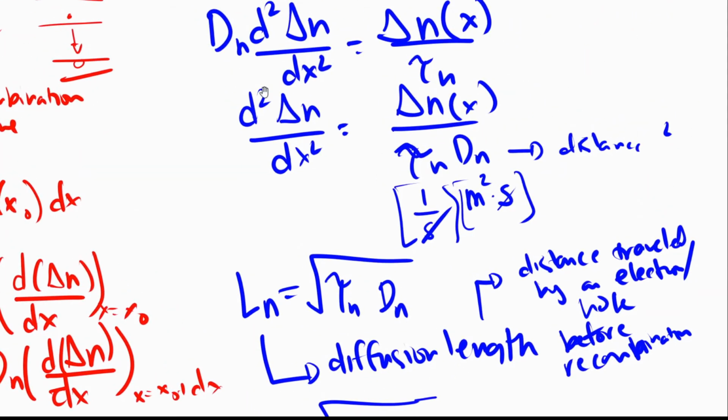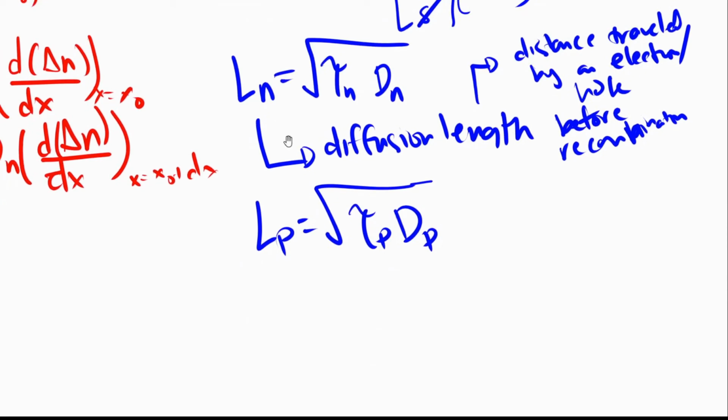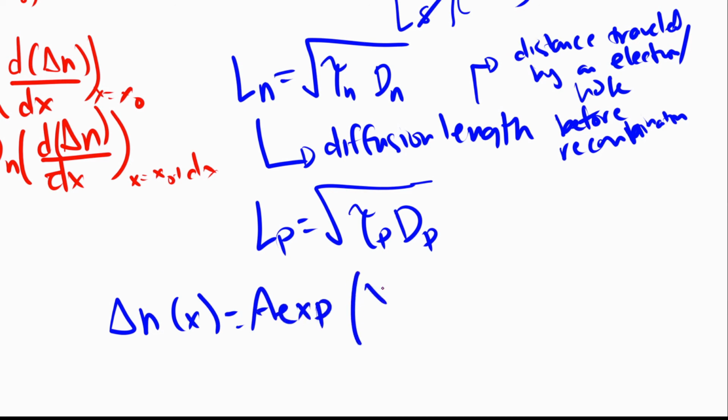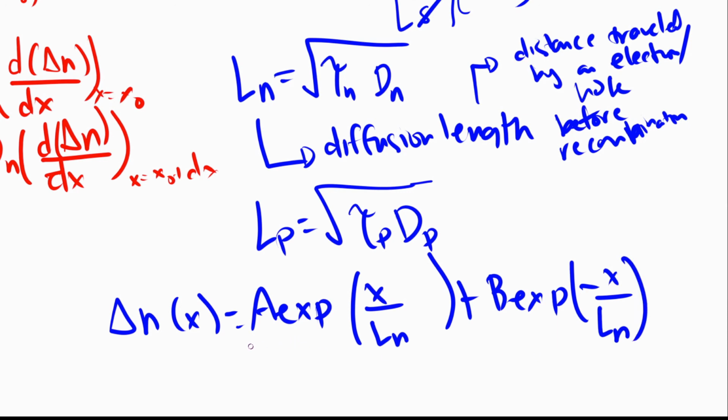Finally, we can also solve this second order differential equation, and the solution will be delta n x equal to A exponential of x over Ln plus B exponential of negative x over Ln, where constants A and B can be obtained from the boundary conditions of our problem, depending on the problem.